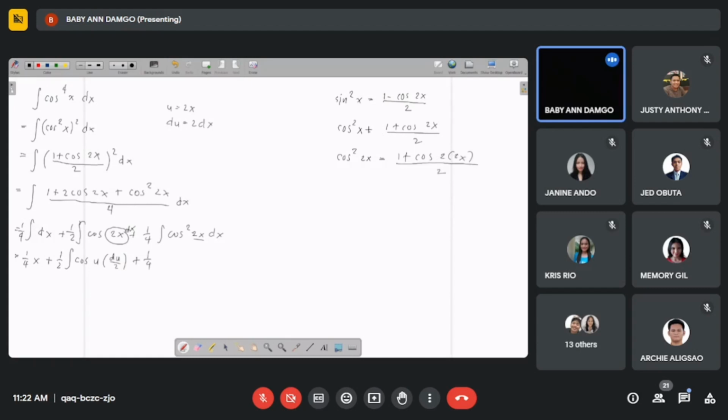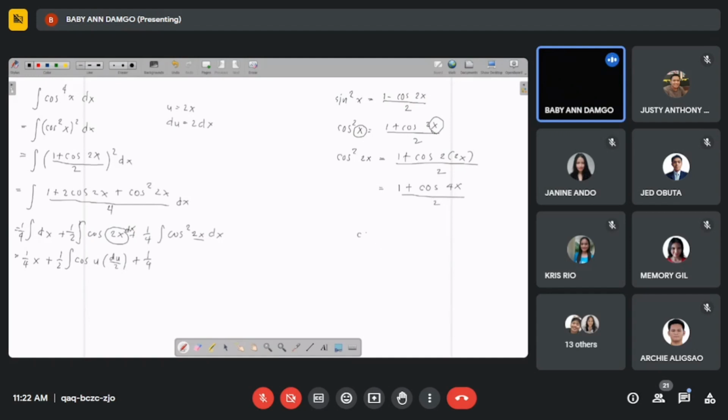So kung unsa man gani inyong gi-substitute dire, dapat the same pod sa another x. Okay? So kung 3x ni siya, so we have 2 times 3x. So this is equal to 1 plus cosine 4x over 2.